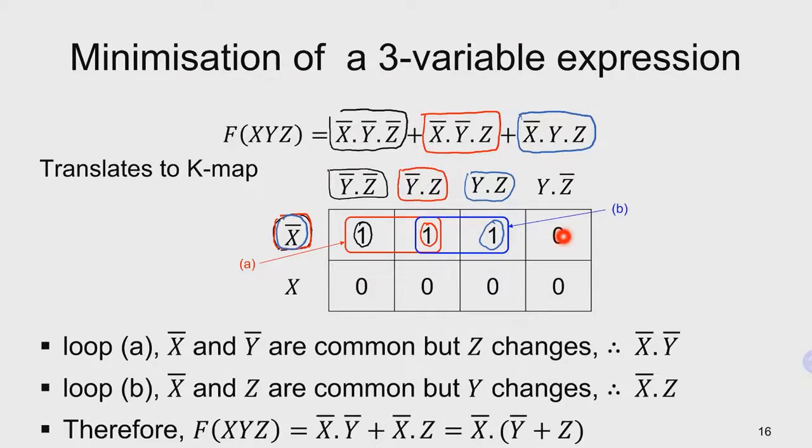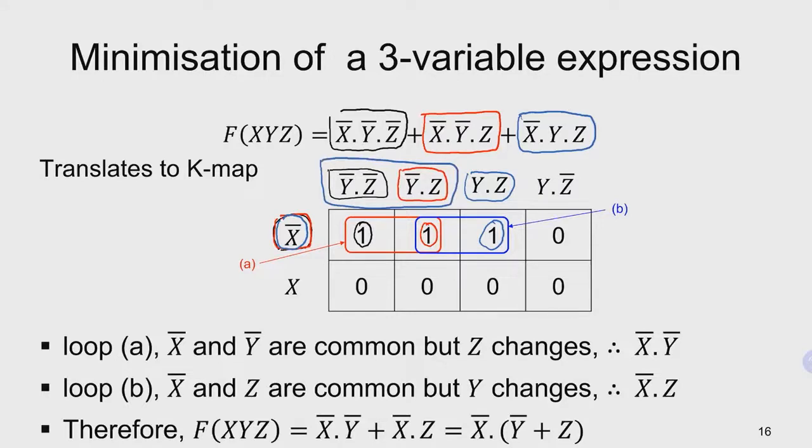And then we can draw loops, identifying pairs of ones adjacent to each other. So this is my loop A, which is the red one. You can see here x bar stays the same going from left to right. If I look at these two variables, this is where the loop is.